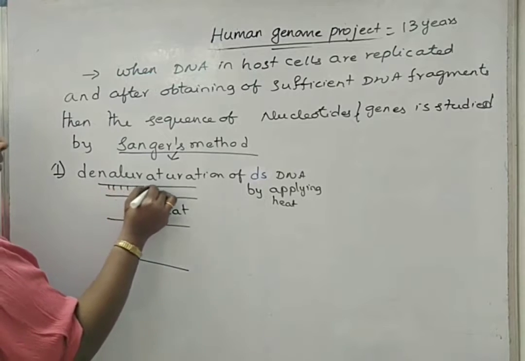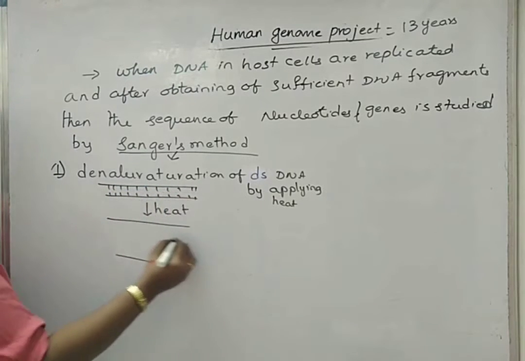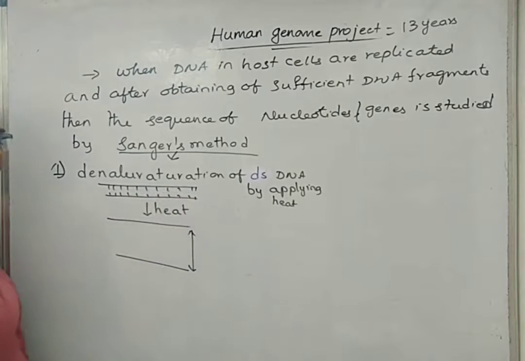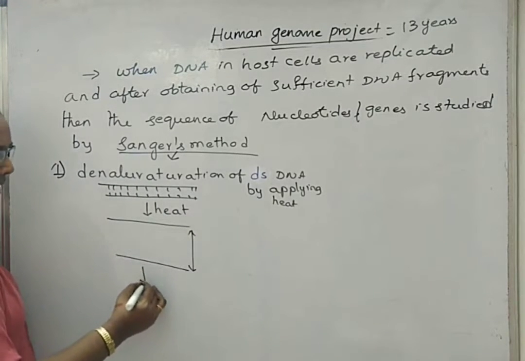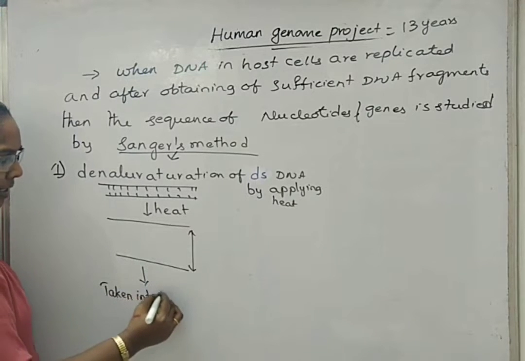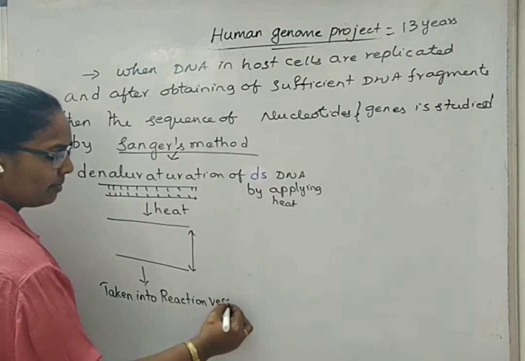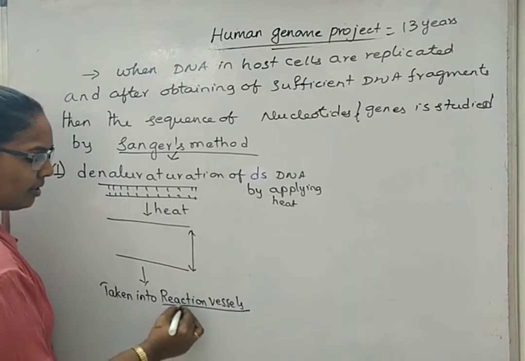Initially they are very near each other like this. Now the distance has increased because of the application of heat. Now they are taken into reaction vessels or test tubes.